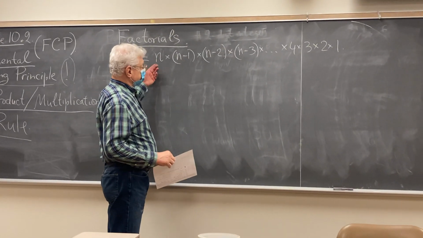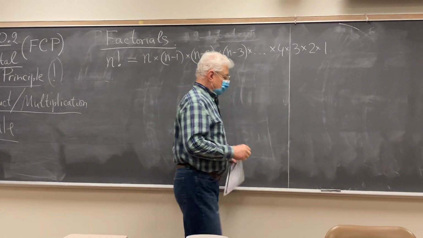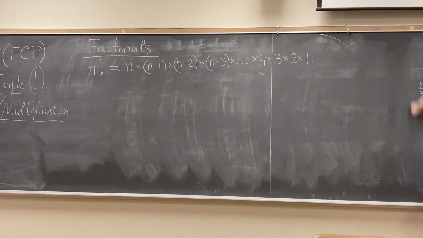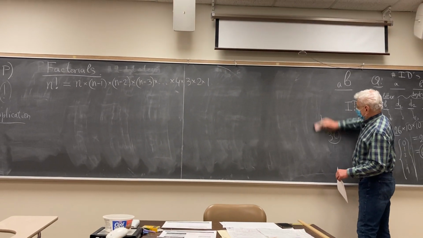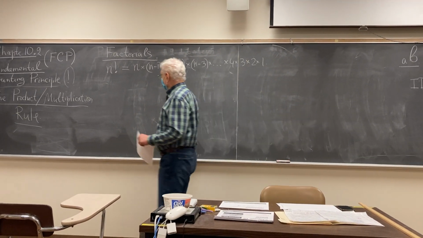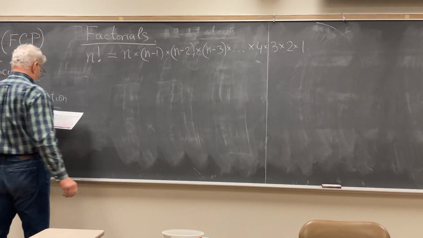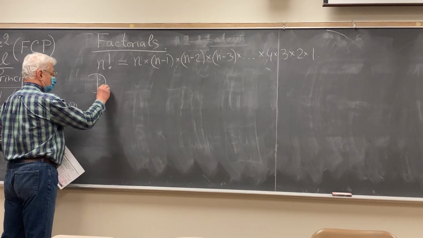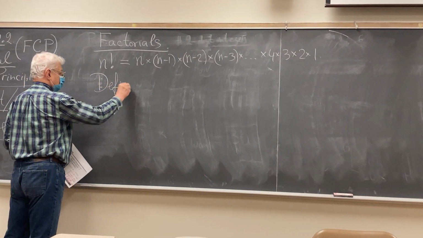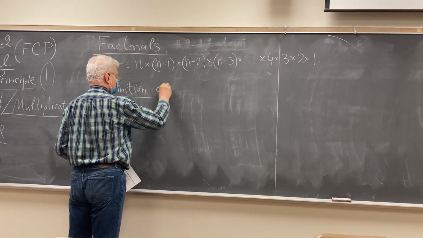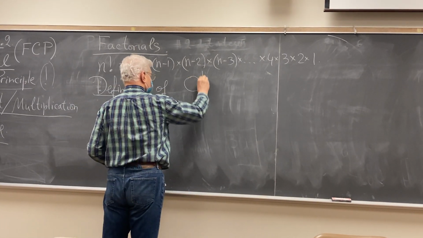Important thing: I wrote here 4, 3 to 1, but sometimes 4 is not used here. Okay, let's calculate some numbers. So first of all, this is the definition. Okay, you must remember that. Definition of 0 factorial.